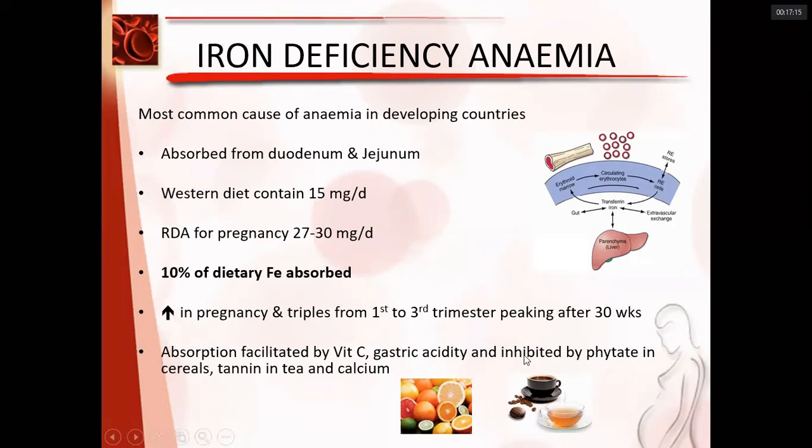Other things that inhibit the absorption of iron are phytates that are present in cereals, and even tannins in tea. And what facilitates absorption? We can advise them to take iron with juices that may contain vitamin C, and even gastric acidity increases the absorption of iron.